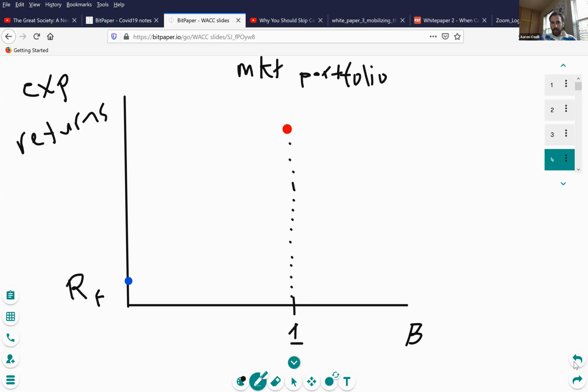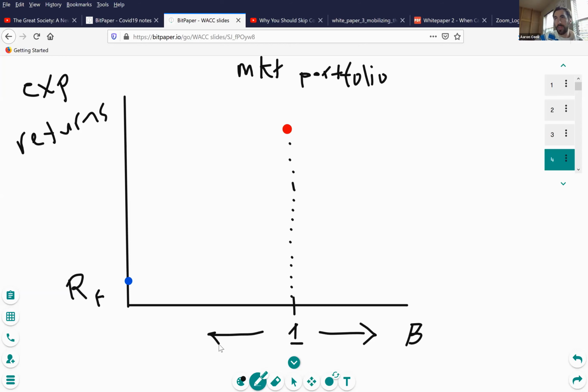And then we can think about different assets as having different levels of risk in terms of their beta, in terms of what their co-movement is between the market as a whole and that particular asset. So we have stocks that have beta greater than 1 or less than 1.